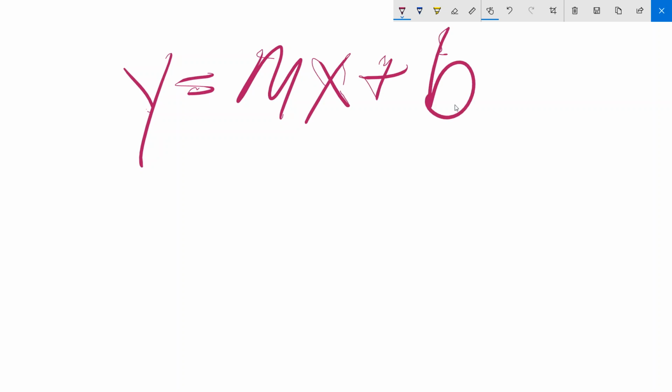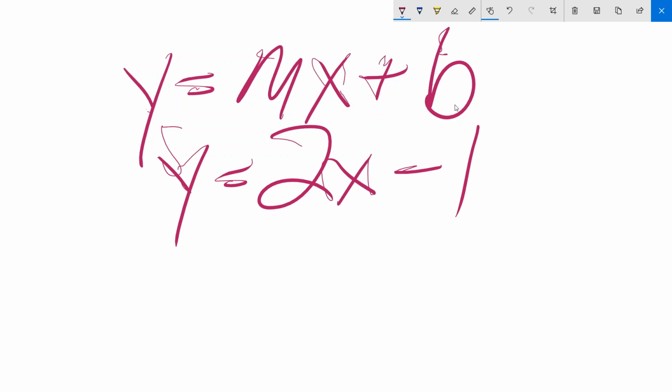In other words, this is the standard format of a straight line. Y equal mx plus b. For example, y equal 2x minus 1. What's the slope? 2x. Nope, slope is m.